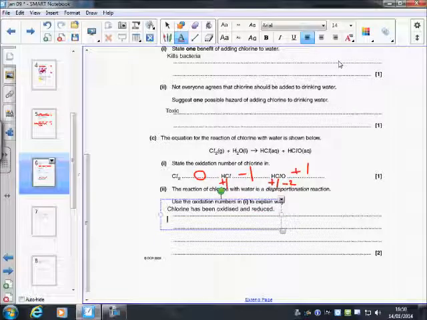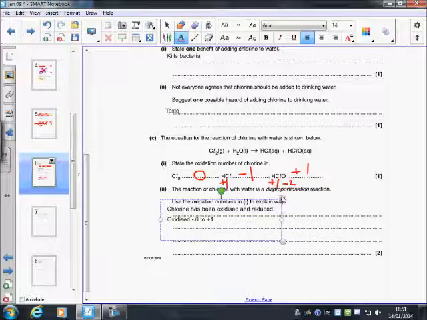And for the second mark, you need to use oxidation numbers. It tells you here, use oxidation numbers to explain why. So when it's been oxidized, it's gone from 0 to +1.